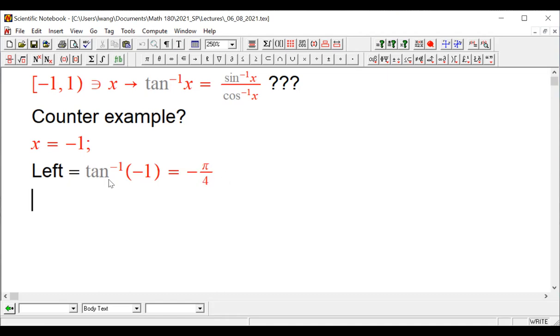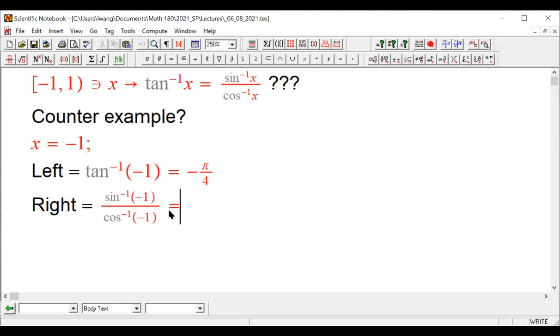How about the right-hand side? I don't know if this is going to work, but let's work through it. Even if this works, it doesn't mean it is true. If one example works, it doesn't mean it is true. So this is a -1, and this is a -1.